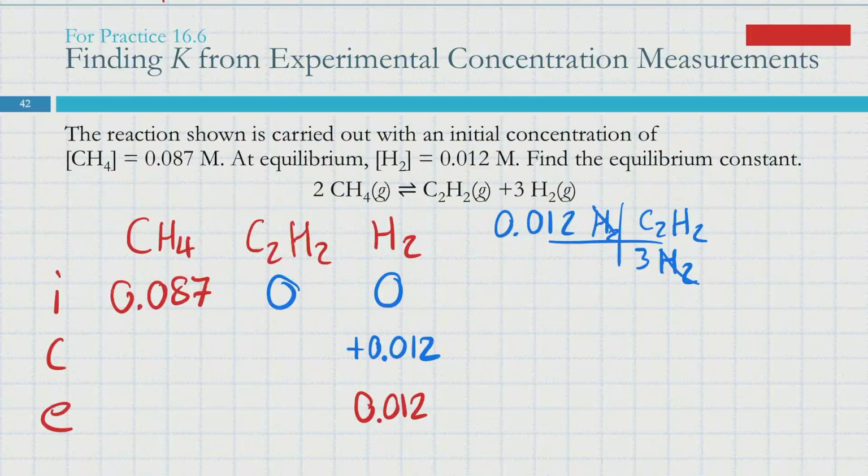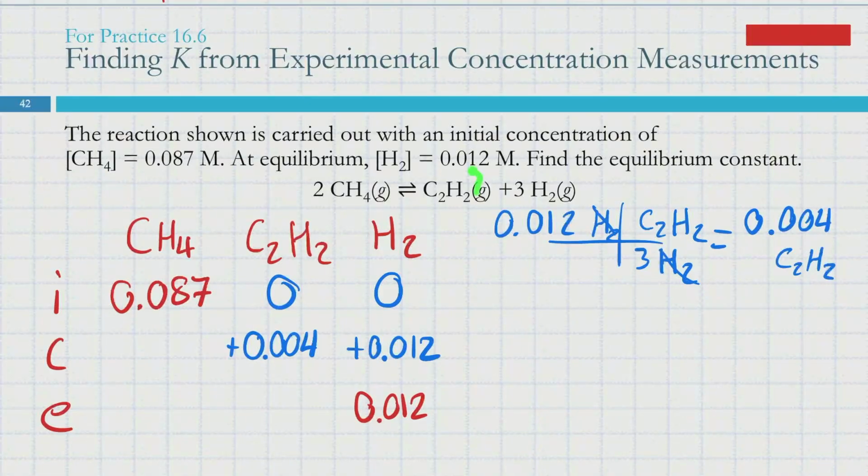I forgot the little 2. So 0.004 is our change for C2H2. If you want to do that in your head, I'm perfectly fine with that. So our change for C2H2 is positive 0.004.